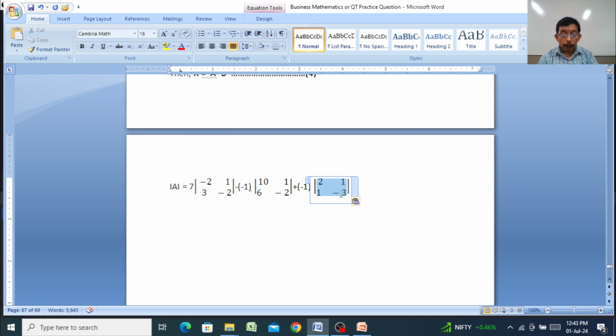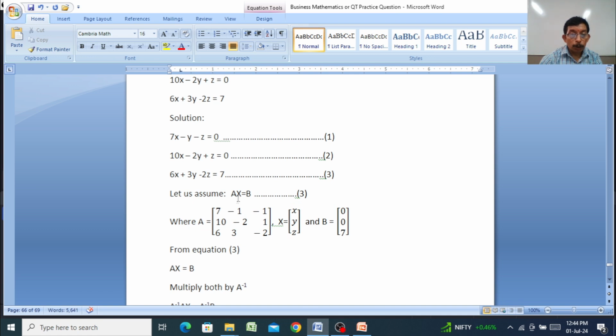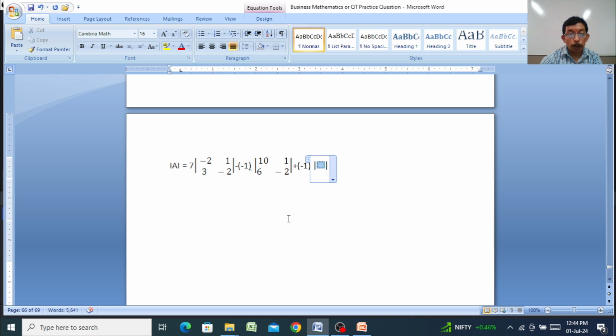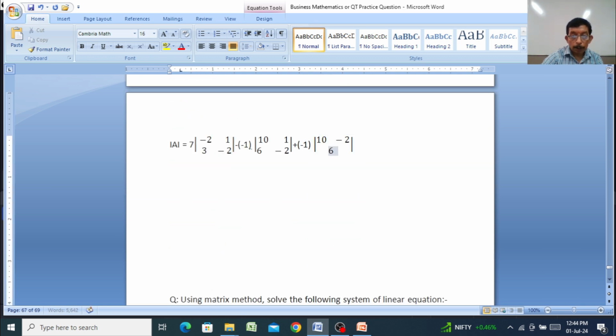C13 means first row, third column element cancelled out, and the remaining elements are 10 minus 2, 6 3. This is the determinant value according to the first row. Now we simplify in the next step.